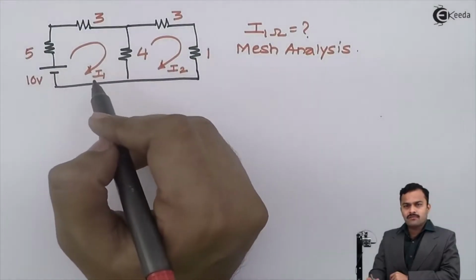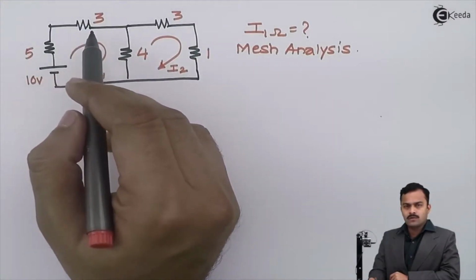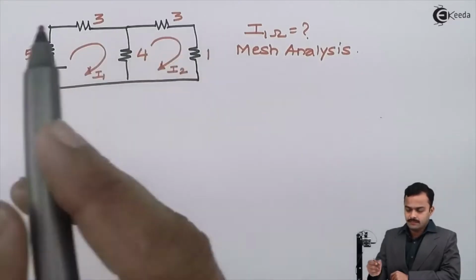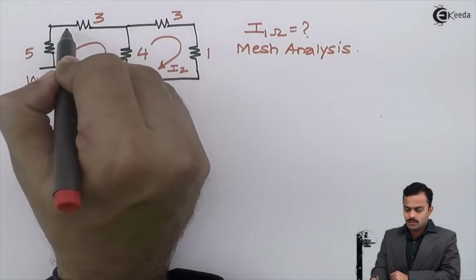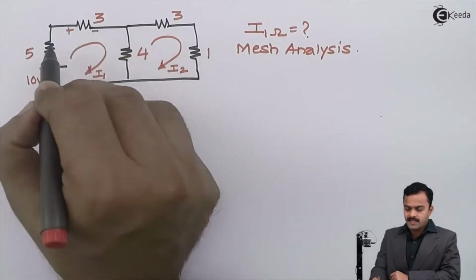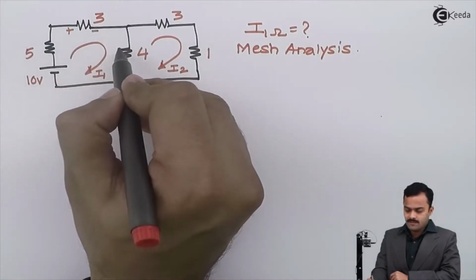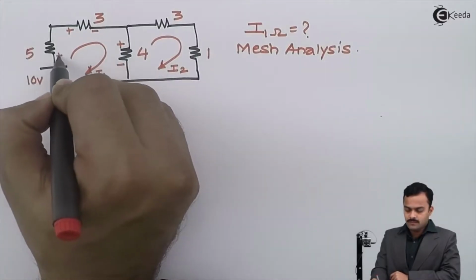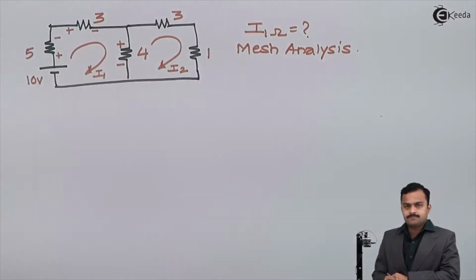In the direction of current, let's mark all the voltages that got developed across the resistances. Meaning for this resistance, the drop is in the direction of current, plus minus. For 4 ohm, it is like this. For 5 ohm, it is plus minus.